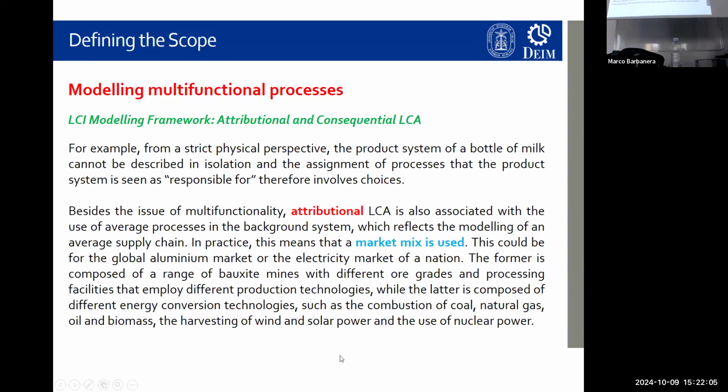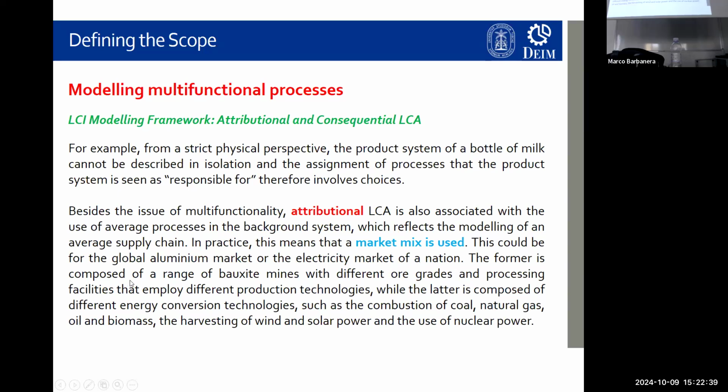I think that in the attributional LCA study, if we want to model the secondary data for the background system, we use the average processes, which reflect the modeling of an average supply chain. This means that a market mix is used. For example, we can read, this could be for the global aluminum market or the electricity market of a nation.